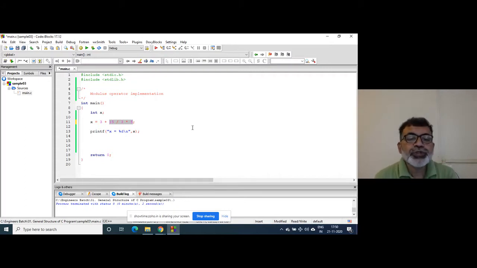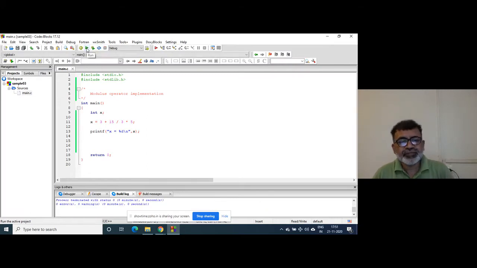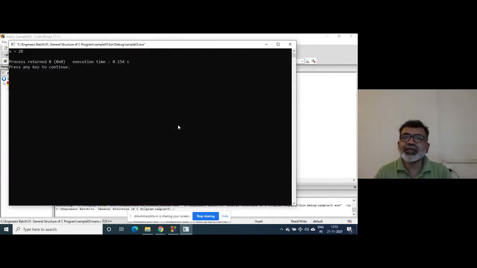Here multiplication and division have the same precedence, so the expression will be solved from left to right. So 15 divided by 3 is 5. 5 into 5 is 25, plus 3. So the answer will be 28.